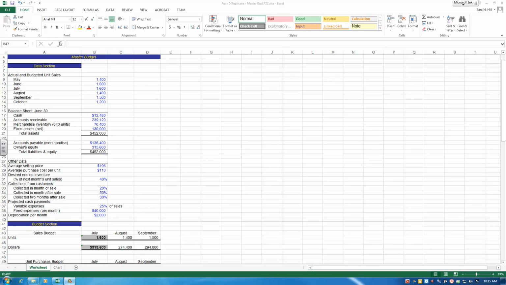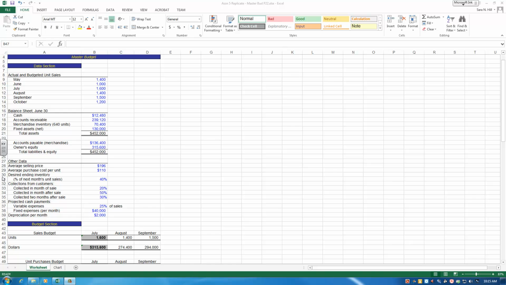Moving on to the unit purchases budget, it's helpful to know what dollar amount of purchases we're going to be experiencing. Above, they let us know that the desired ending inventory is 40% times the next month's sales.